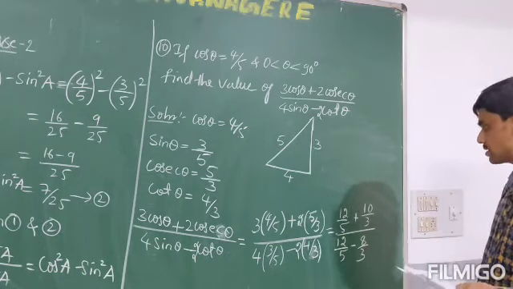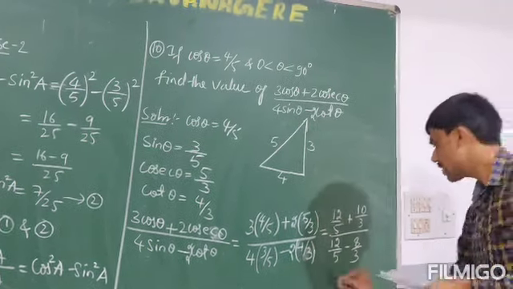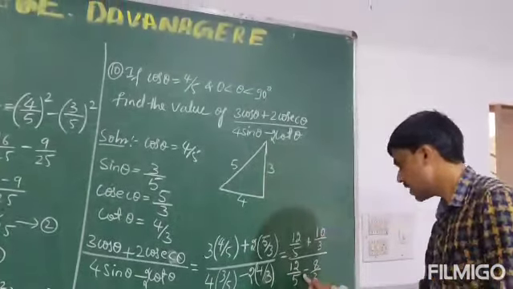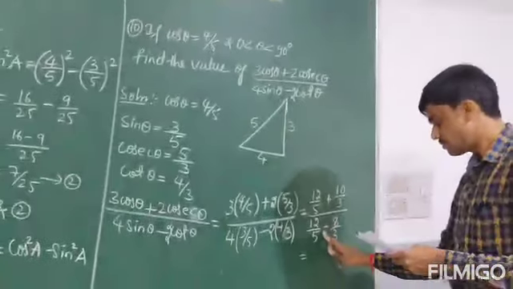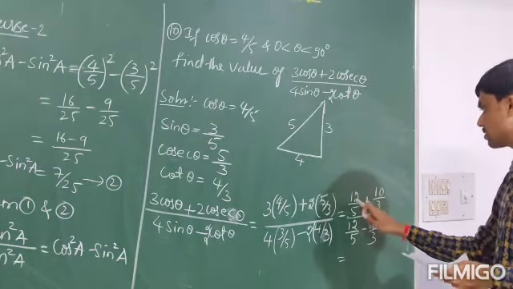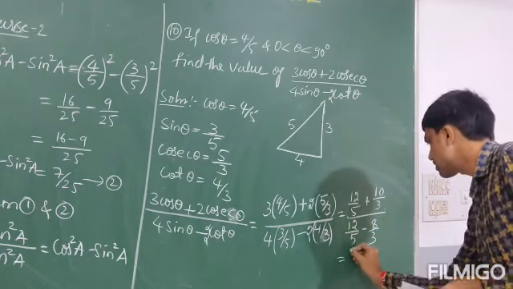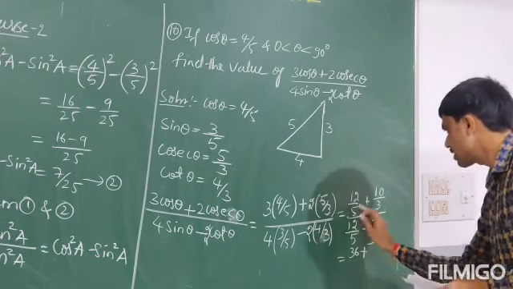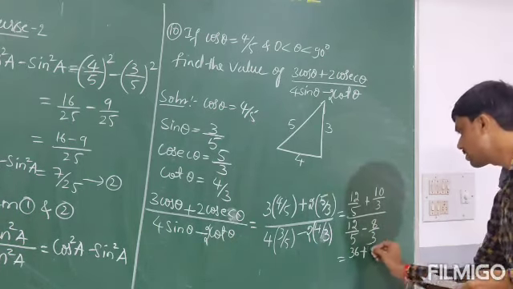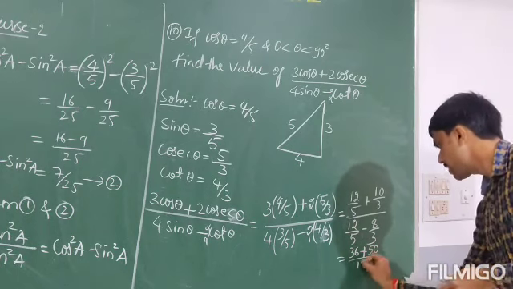By simplifying this, taking LCM as 15: 12 3s are 36, 36 plus 10 5s are 50, whole divided by 15.